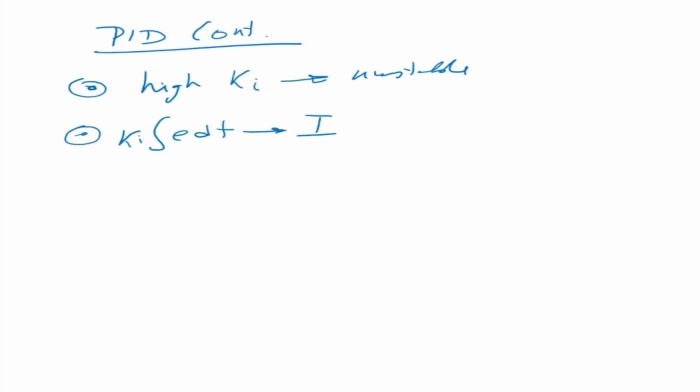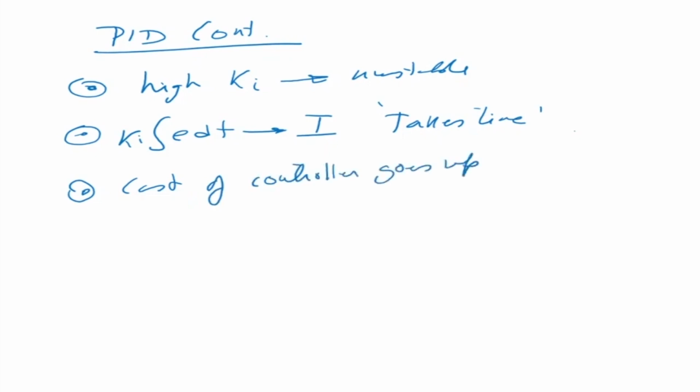This is an integral, so it will tend to slow the system; it takes time. Because it takes time, it will tend to make the system slower. Plus the cost of the controller goes up, because we are adding this integral.